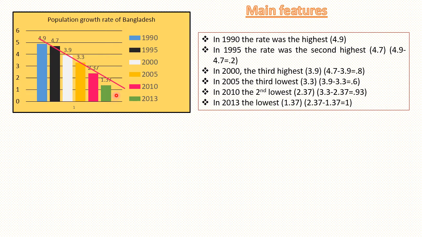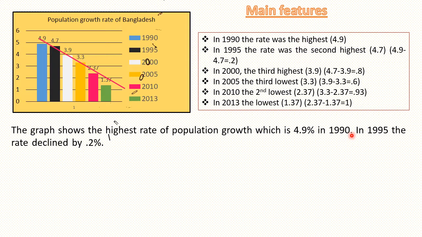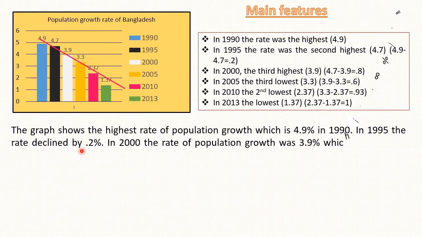So while writing the body, we should write or develop these key points in sentences, and we can write the body in this way. The graph shows the highest rate of population growth, which is 4.9% in 1990. In 1995, the rate declined by 0.2%.